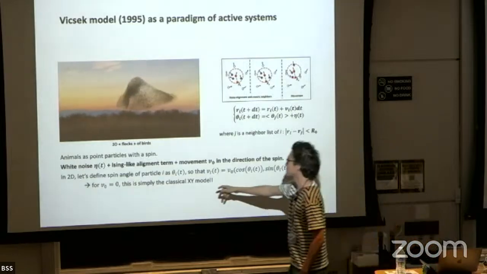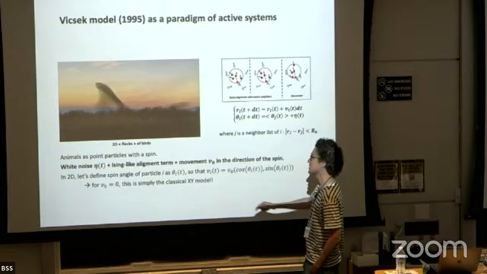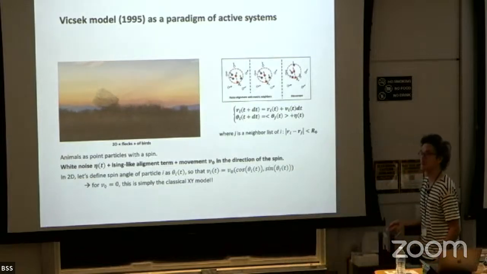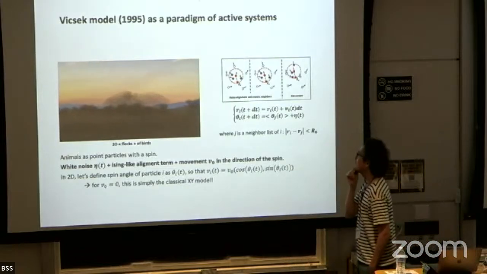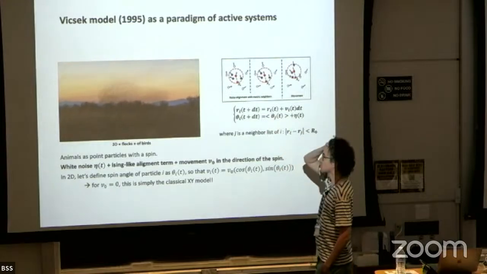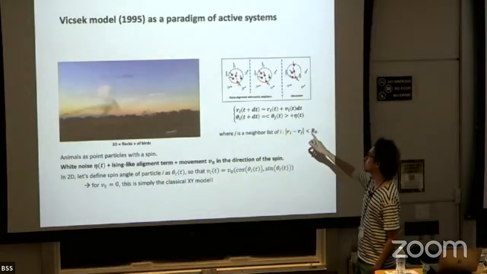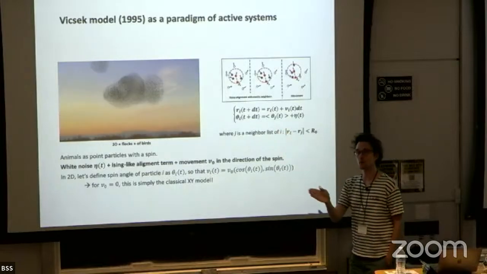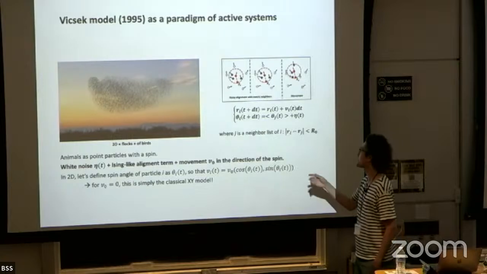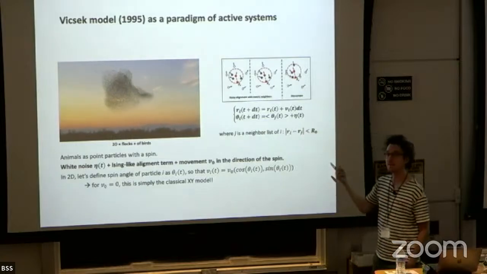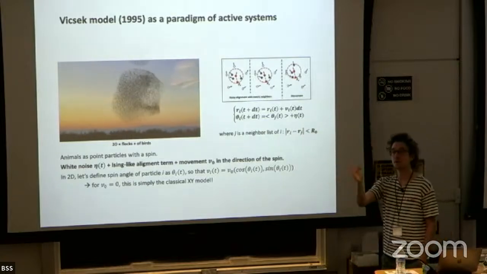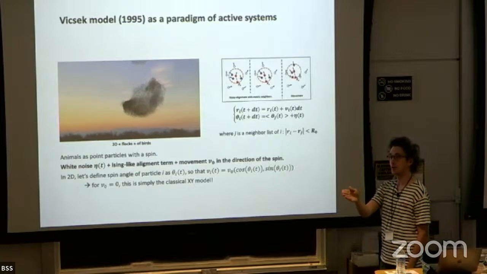So this is just to go back, right? If you put your velocity v0 to zero, this is the classical XY model. And the reason why people got so excited about this is, okay, this is 3D, so it's not a very good example. But if you run these simulations in 2D, you have long range order, which means that if you have sufficiently low noise or sufficiently high density, everyone is going to move in one direction. Everyone is going to align.